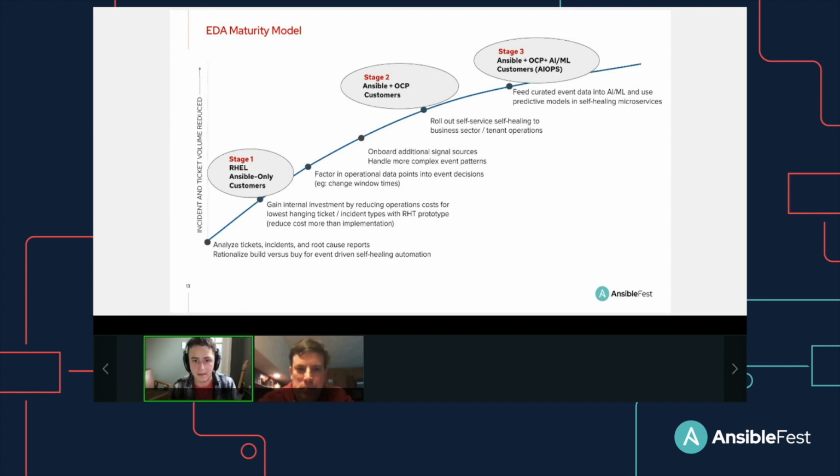Obviously, AI Ops is not magical. You're still going to need to train your AI Ops solution on a history, and if you've already accomplished the self-healing type solution, you will be able to utilize that history from that self-healing solution to train your AI Ops models.